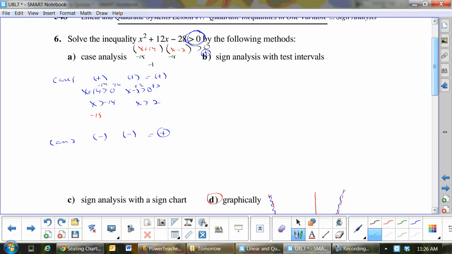Negative 15 minus 2 is negative 17. Negative 1 times negative 17, is that positive? Yes. So this one is working for me. And it shouldn't be. Oh, crap. You know why? This shouldn't be the right answer. Why?